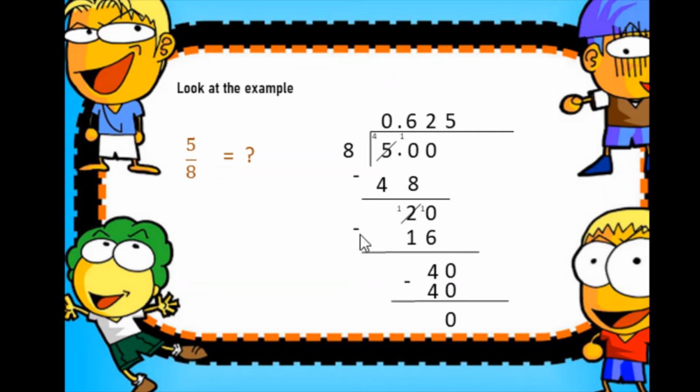Subtract 16 from 20, you get 4. 4 divided by 8 cannot be done, so put 0 again. 40 divided by 8 is 5. 5 times 8 is 40. Subtract 40 from 40, you get 0. So, 5/8 changed into a decimal number is 0.625.